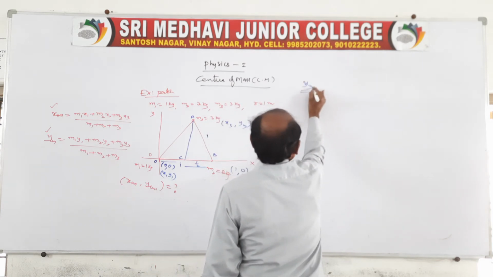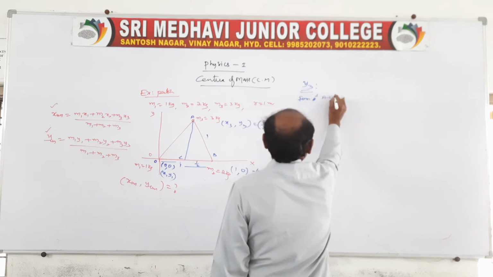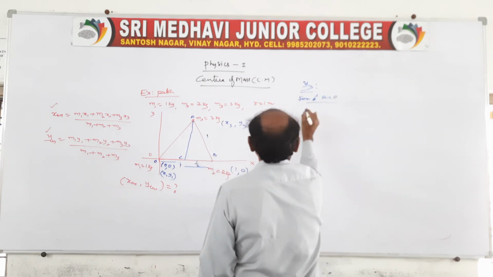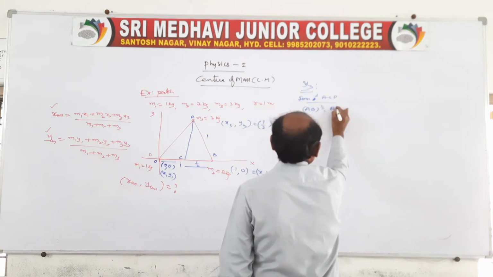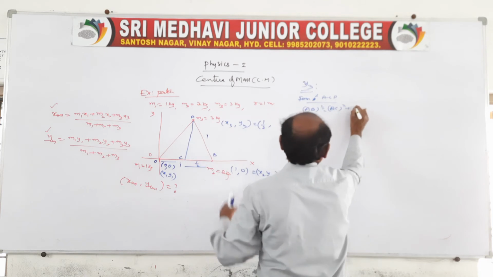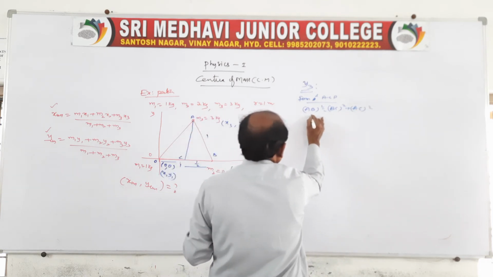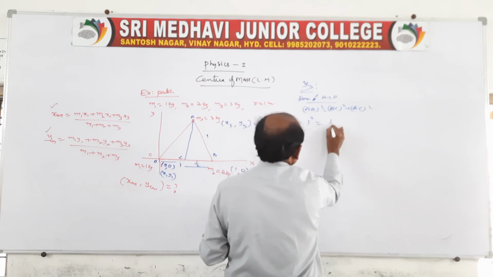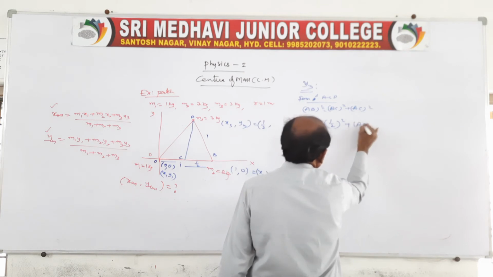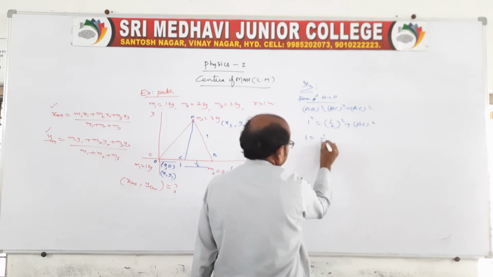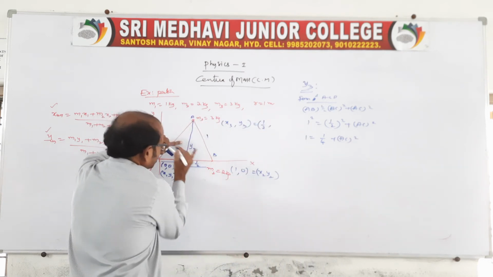So now I am finding the y3 value by using the triangle. From triangle ACB, by Pythagoras, AB square is equal to BC square plus AC square. So AB is 1 square, BC is 1/2 whole square, plus AC square. So 1 is equal to 1/4 plus AC square, because AC is nothing but y3, no?